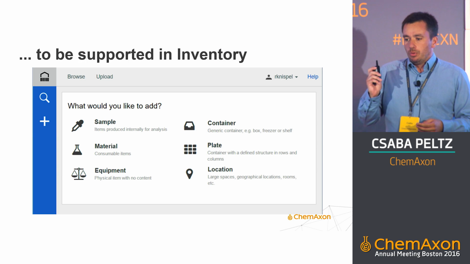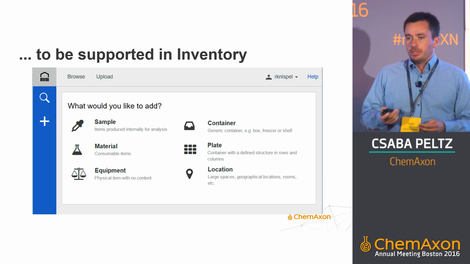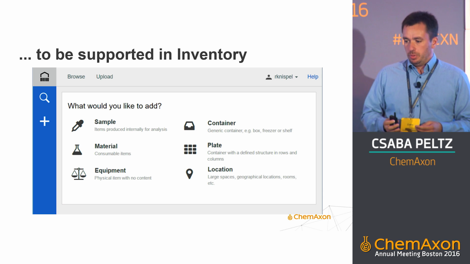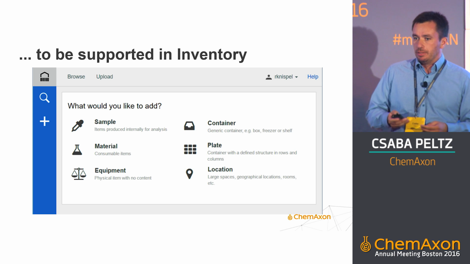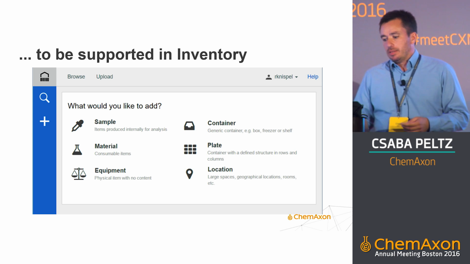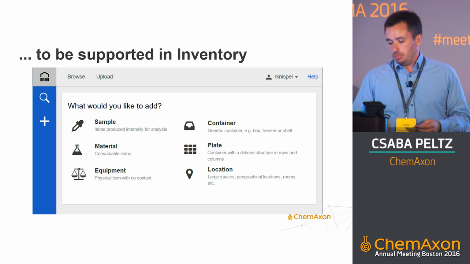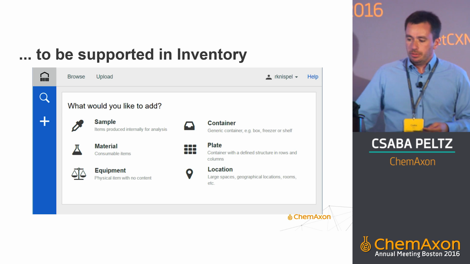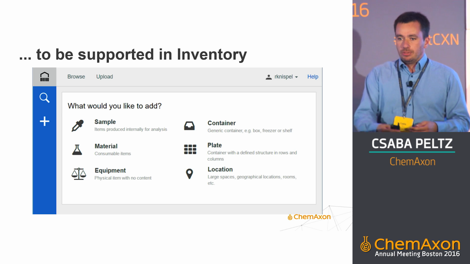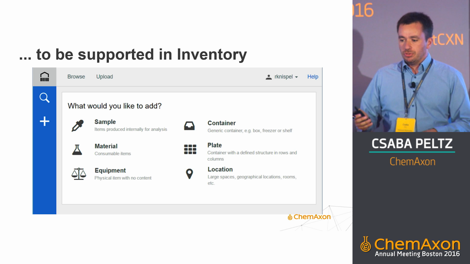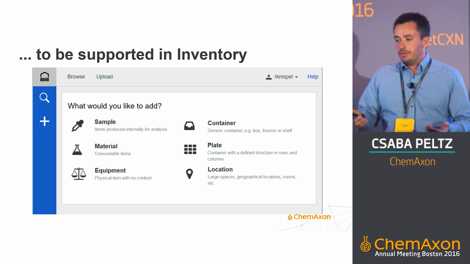So we started working on a very basic implementation, and we do not want to compete with any complex inventory solutions, but we want to extend the chemical intelligence in a way that it supports the most basic functionalities that are required related to that chemistry data that you preserve in the registration system, like samples, materials, locations, containers.